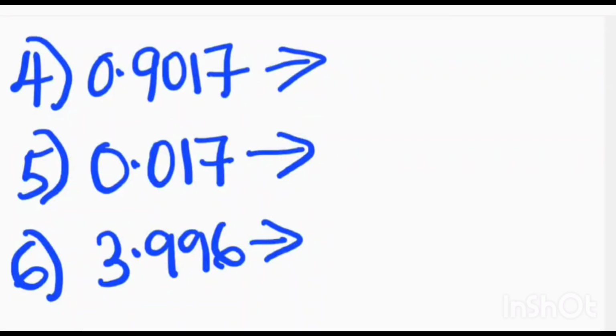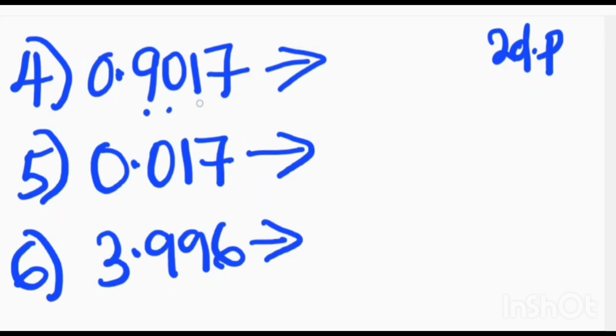Our number 4 question says 0.9017. Don't forget that we are rounding to two decimal places. Okay, and we said that you're going to pick two numbers after the decimal point. This is the decimal point. So you're going to pick two numbers after the decimal point.